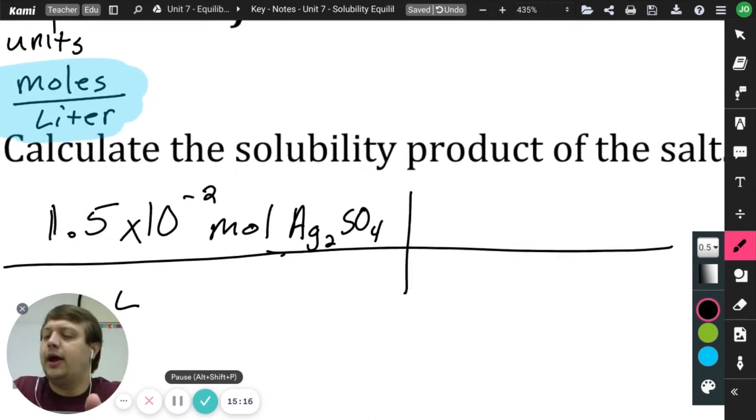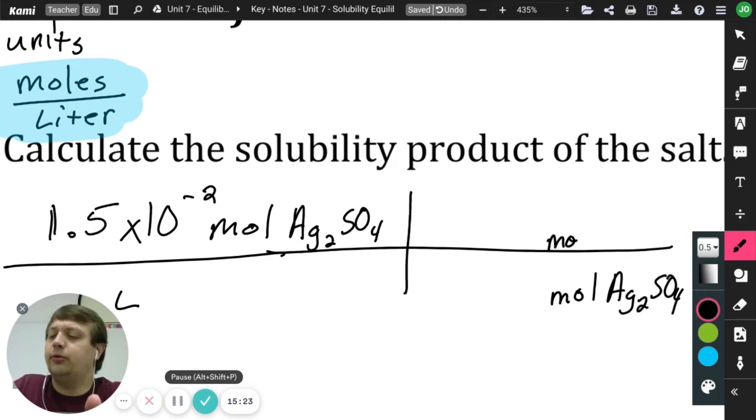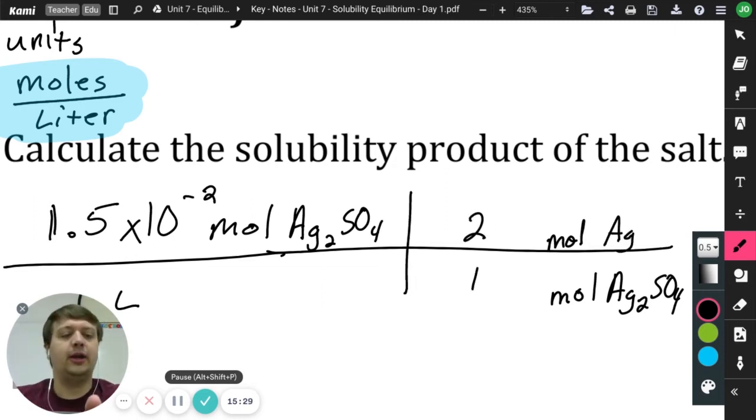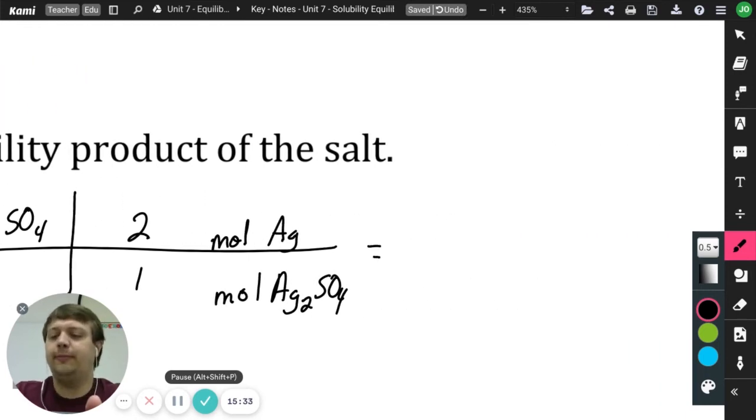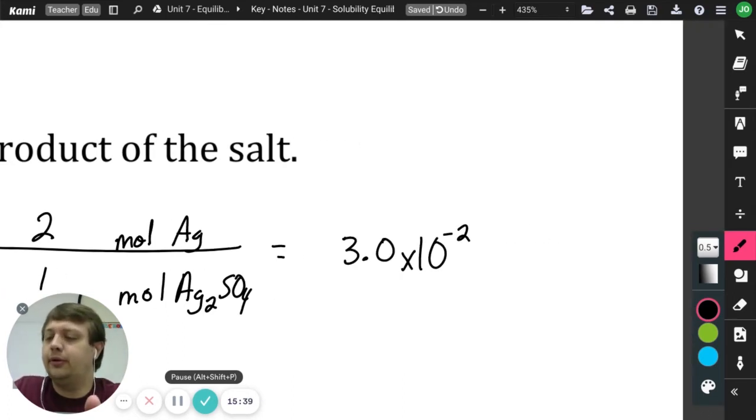So I drop down moles of silver sulfate, and I'm going to go into moles of silver, and we know that there are 2 silver for every 1 silver sulfate. And so we would solve for our concentration of silver, and it would be 3.0 times 10 to the -2 moles per liter.